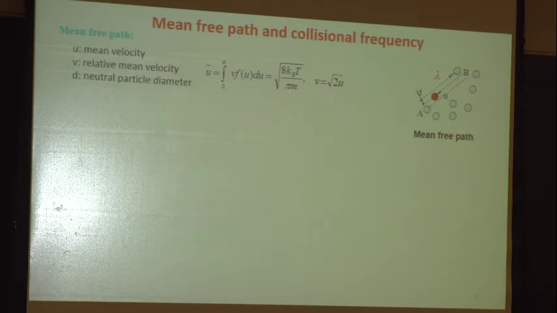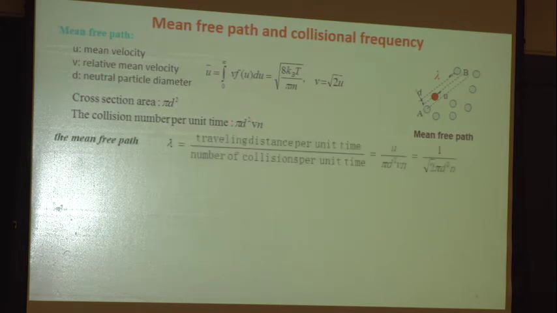If a particle has a diameter d, the number of collisions per unit time will be the cross-section area times the velocity times the number density.